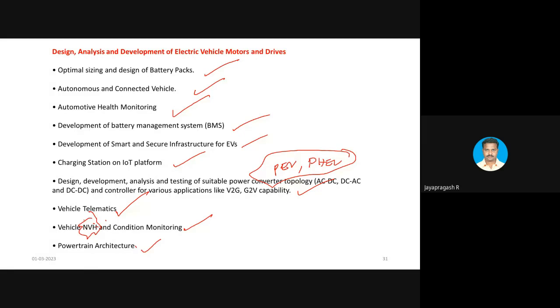The next question is from Prabhu Sundaramurthy. He has asked, which cloud platform is suitable for IoT-based condition monitoring, sir? Ma'am, I'm not proficient in IoT actually, so I may not answer this. But we generally use the cloud for data sharing. I can tell you the role of IoT, because in IoT the data is accessed through the cloud.